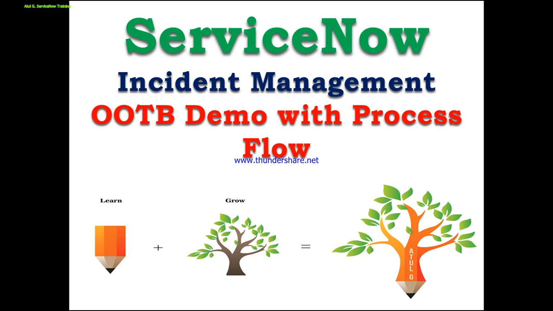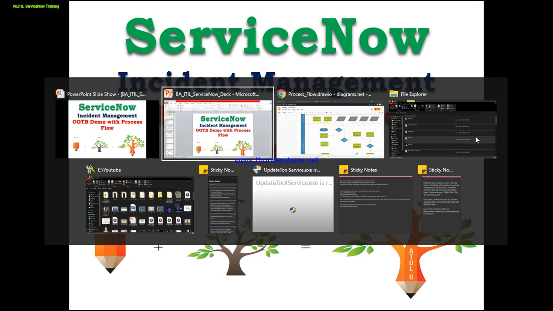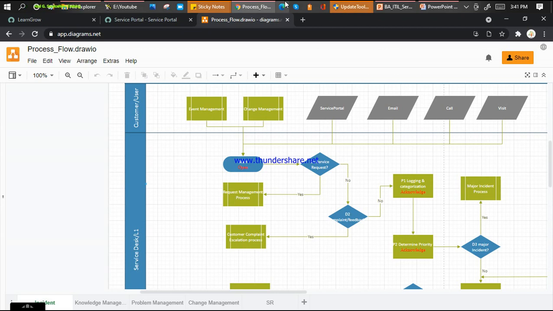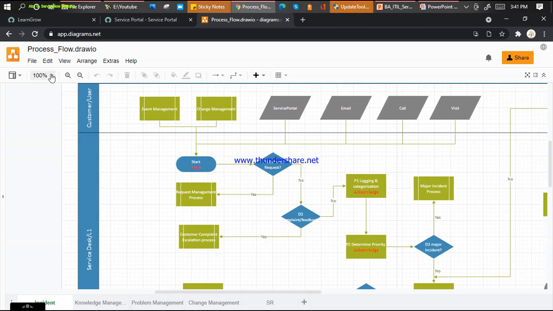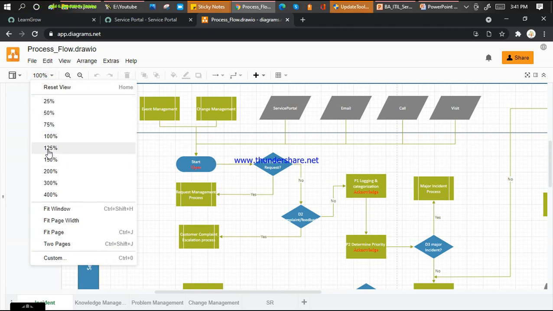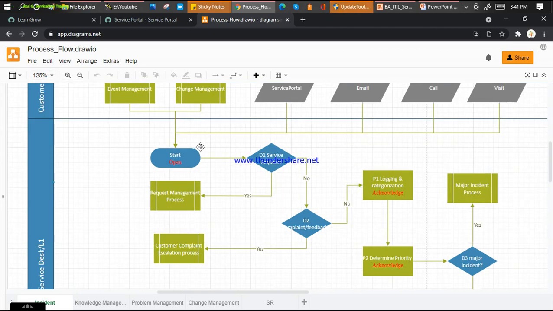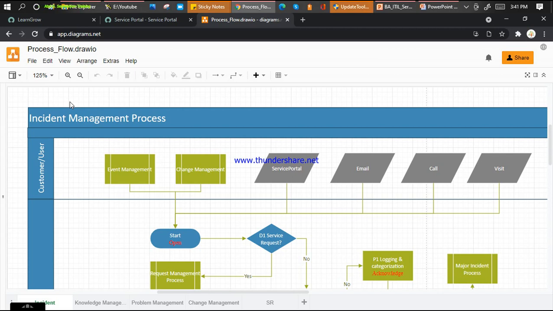Now let me take you through a process flow diagram, and after that we will go to the ServiceNow demonstration. So this is a process flow which I created so that I can show you how incident management works. Let me put 125 percent for the zoom.